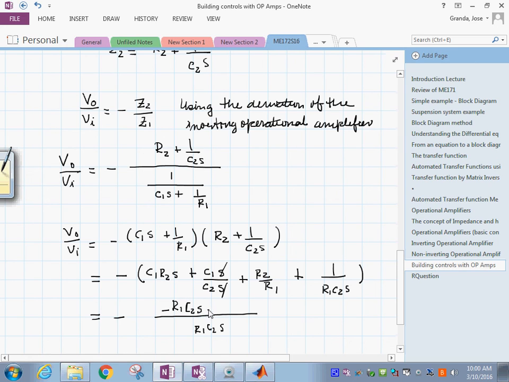This minus sign outside makes this a plus, so that we don't make a mistake.